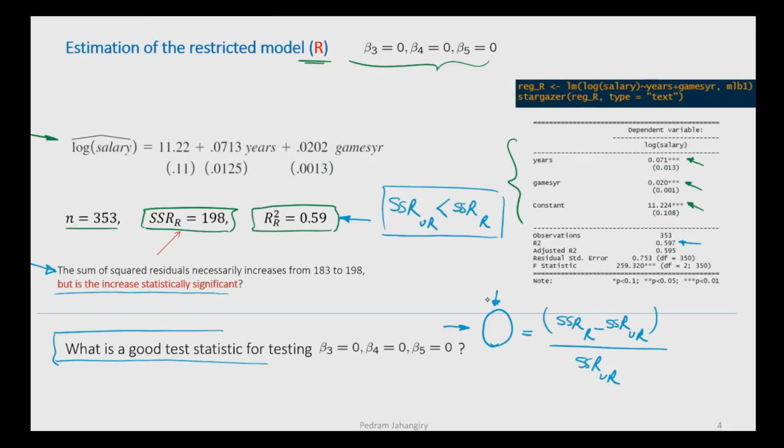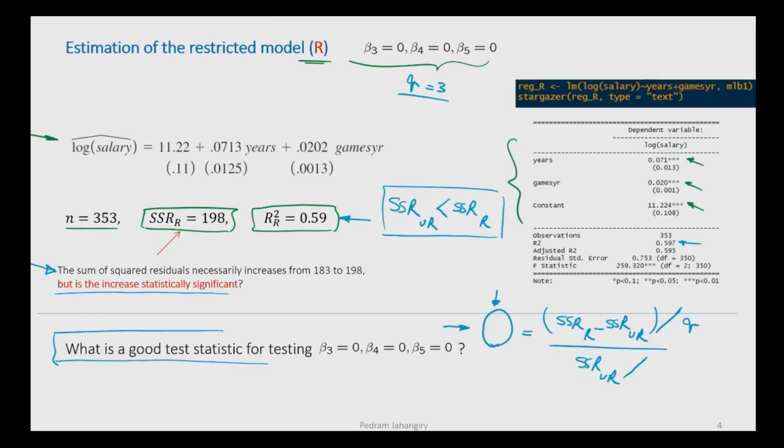Again, this is a statistic we came up with. However, if you want to come up with an unbiased version of a statistic that you're designing, you have to divide by the degrees of freedom. So the degrees of freedom of the numerator is something we call q. It's the number of restrictions. In this example, the number of restrictions is equal to 3. What does it mean, number of restrictions?